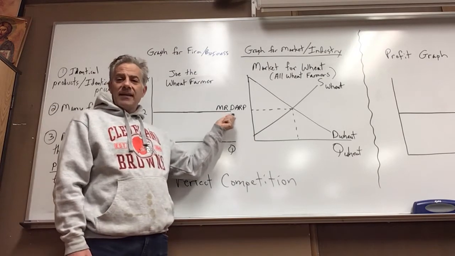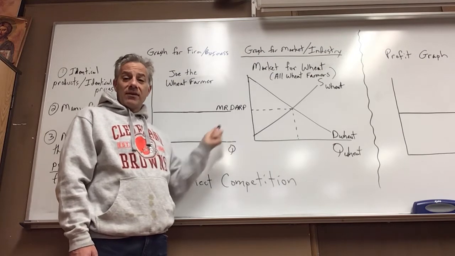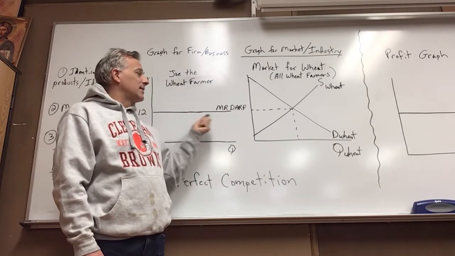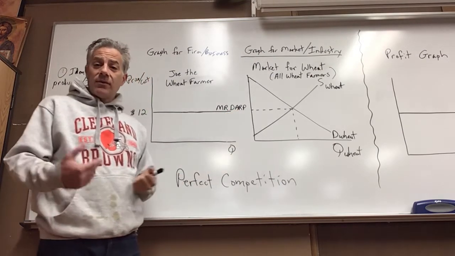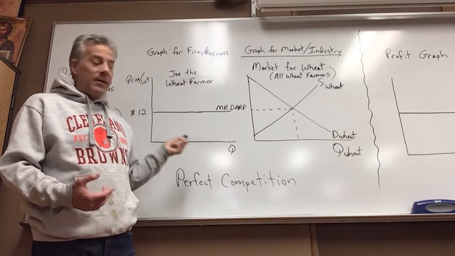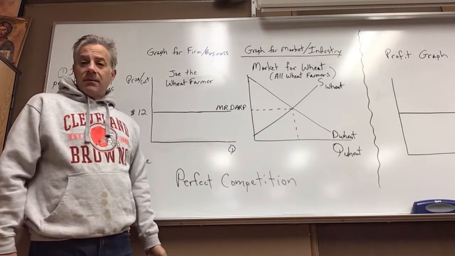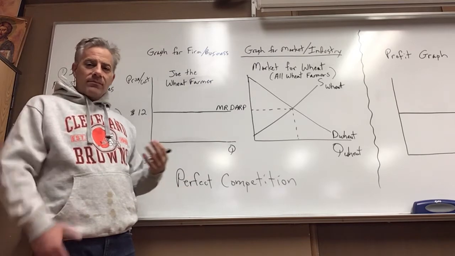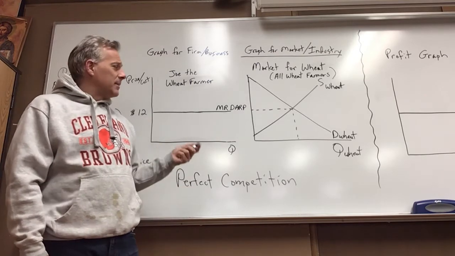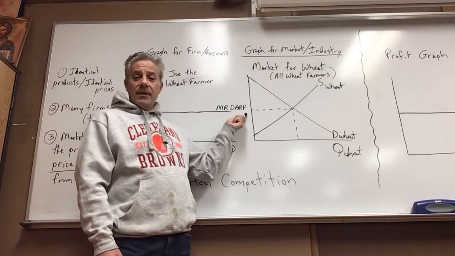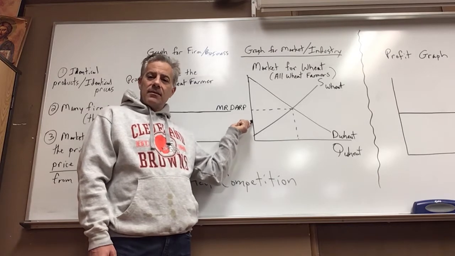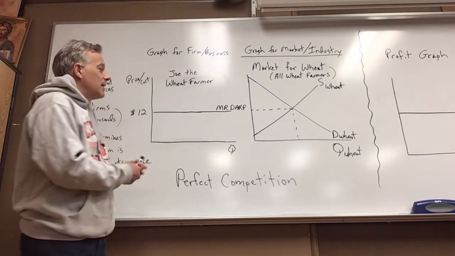D is for the demand curve. This is the demand curve for the firm. No calculation involved. Average revenue is total revenue divided by the quantity. Again, because the price is constant, we went through these calculations on the Mr. DARP table. And then P is for the price. The price is constant throughout.